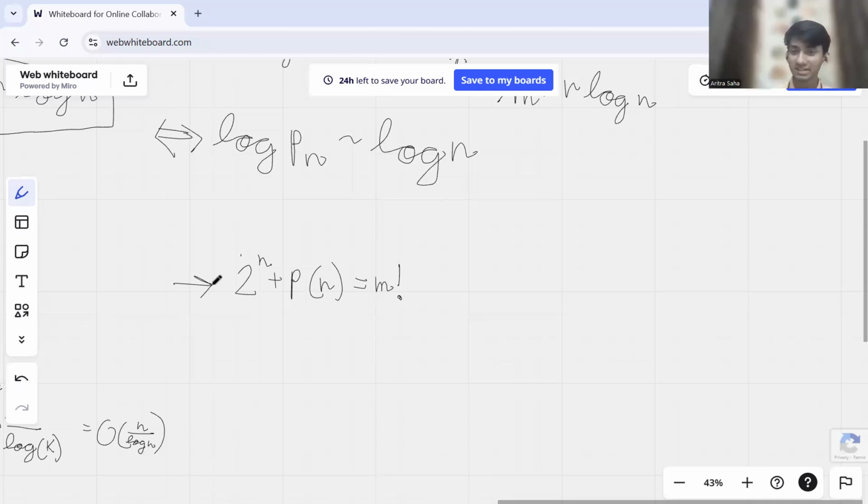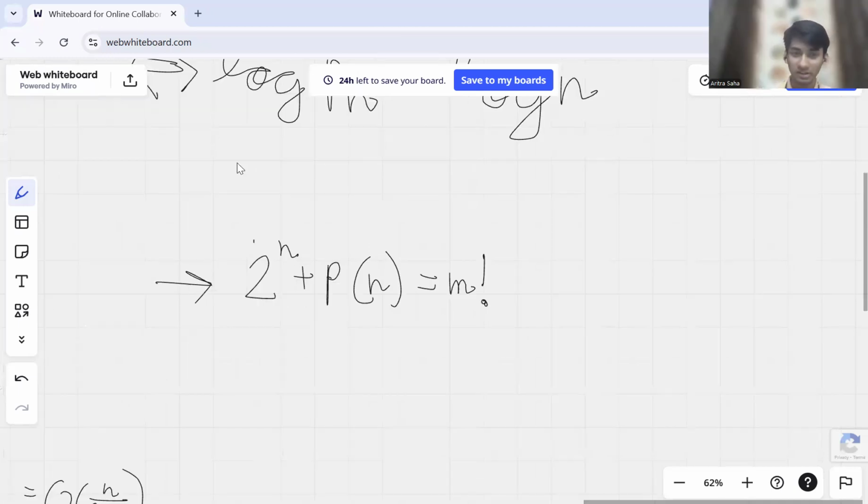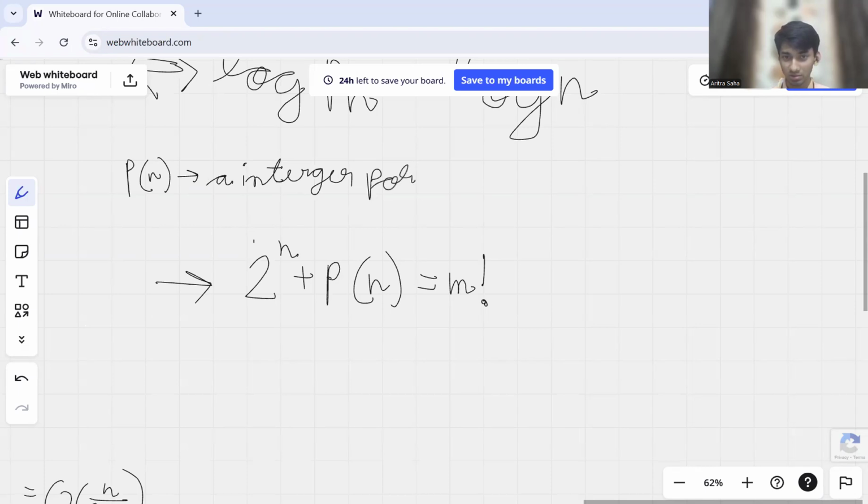So the question says, for positive integers m and n, 2 to the power n plus p of n, where p of n is a fixed integer polynomial in n, equals m factorial.